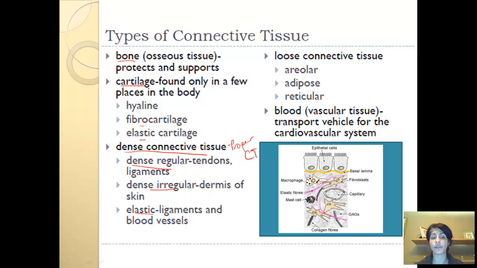And then connective tissue that's elastic refers to ligaments and blood vessels, so they have to be stretchy. Loose connective tissue is the other type of proper connective tissue, and it may be areolar, full of fat, which is adipose, or reticular. We're not going to take a look at reticular this time. Blood as well is vascular and is a type of connective tissue.